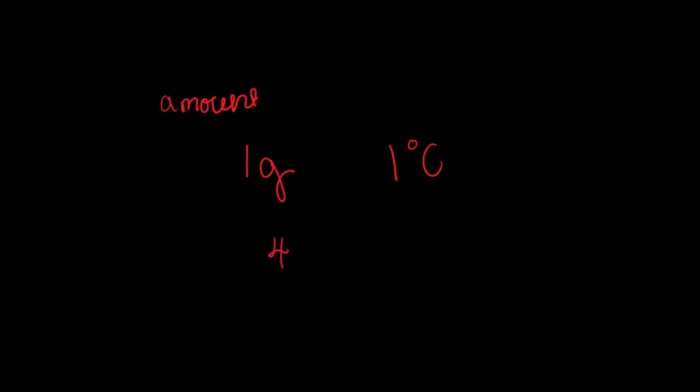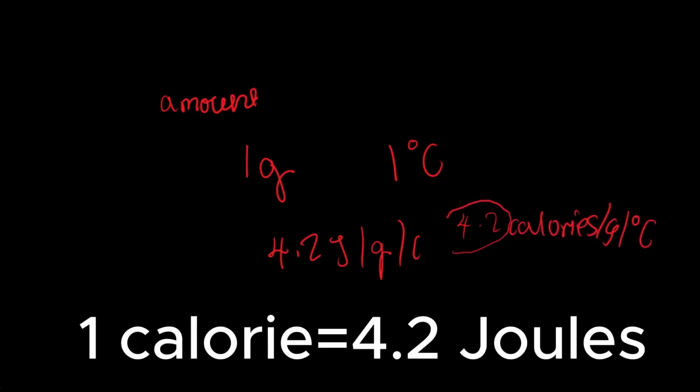Now, the specific heat capacity of water is 4.2 joules per gram per degree Celsius. Now, as compared to a lot of other liquids, water has a relatively high specific heat capacity, and this simply means that water can absorb a large amount of heat energy without a significant change in its temperature.